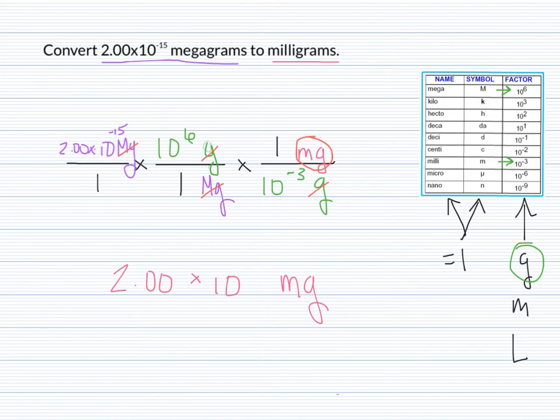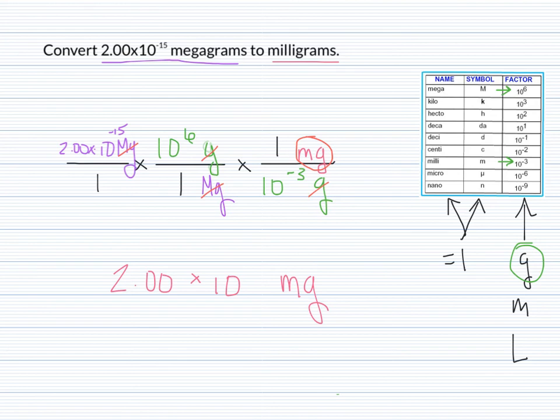So now I put my 2 in my final answer, my 2 times 10, and now I got to figure out with these exponents what to do. We've gone over before, when we multiply, we're adding our exponents, and when we divide, we subtract our exponents.